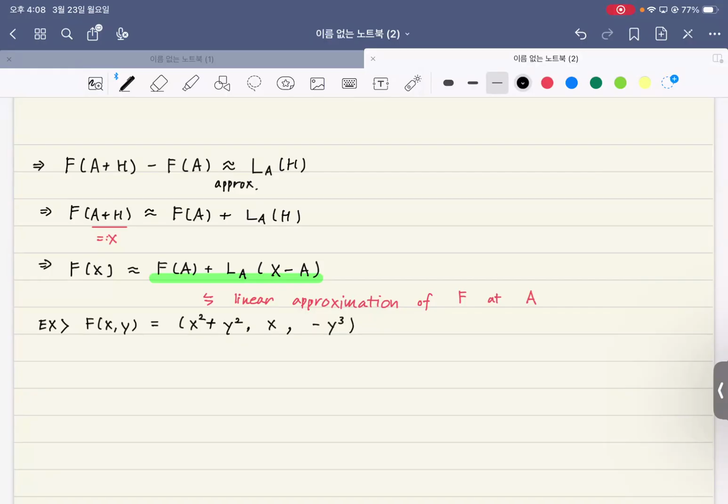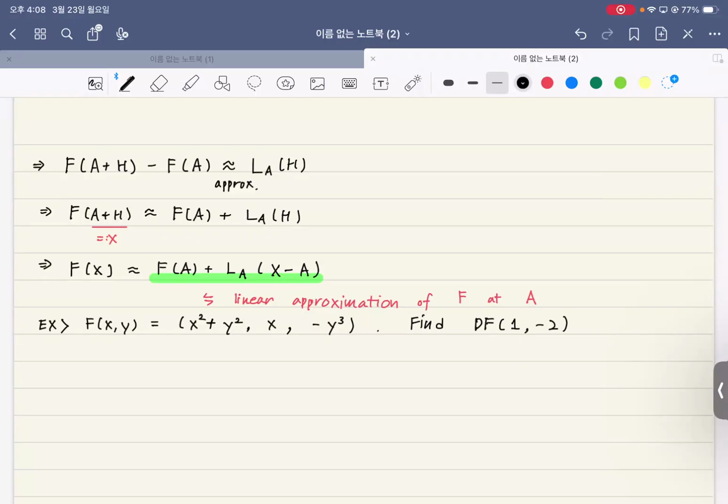This is a highly nonlinear function. And I want to find the matrix derivative of function f at the point (1, minus 2). Do you think you can find it?